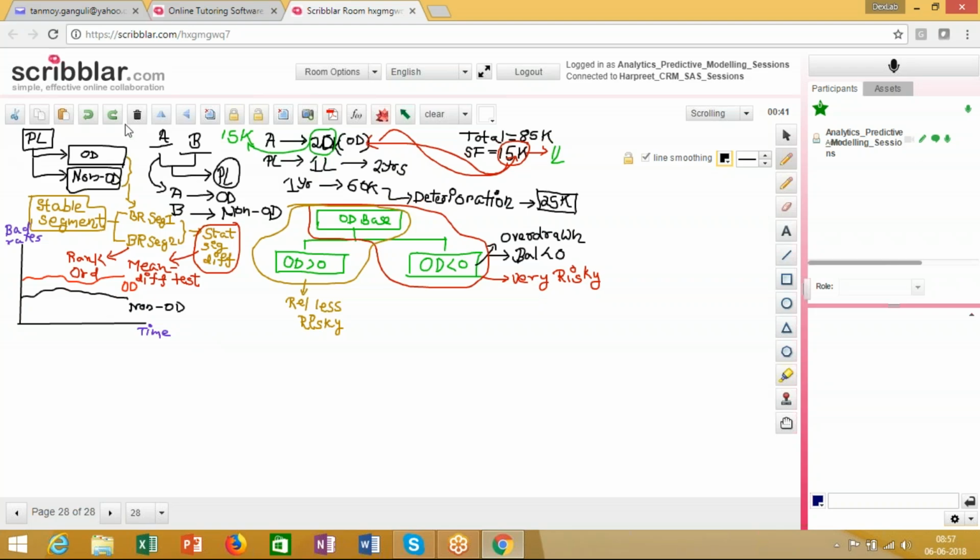The t-test that we have seen as a mean difference test is applicable only up to two groups of observations.